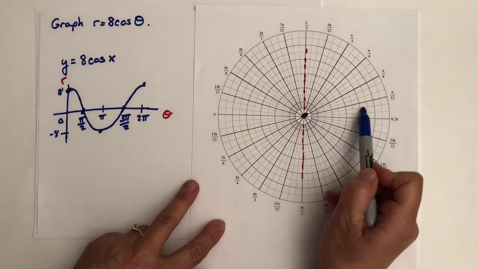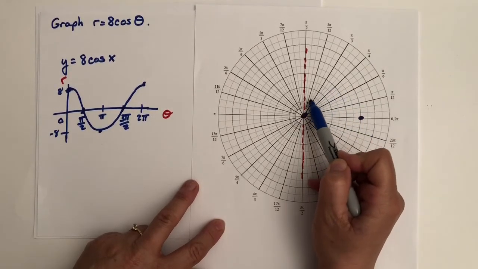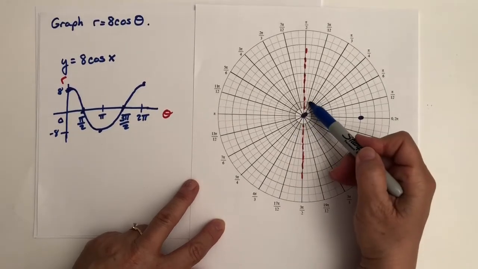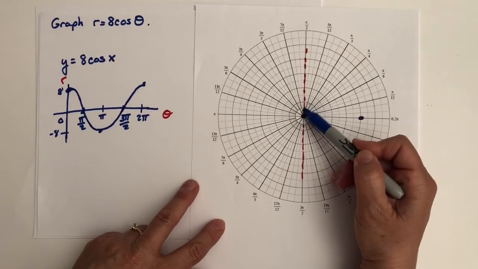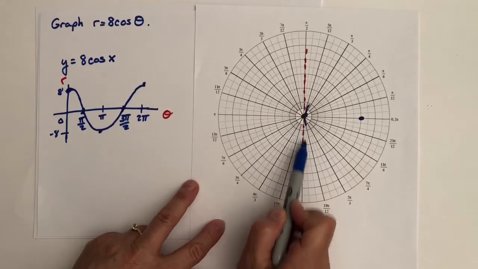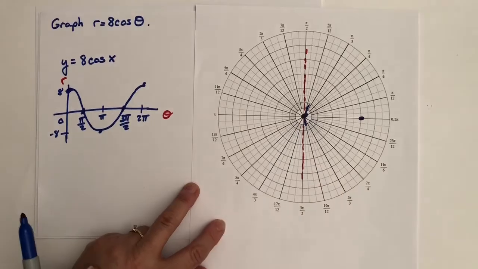And we know that it's coming this way. The r values are getting smaller and smaller. And right along here, the graph will approach the pole along this line, and it will cross through right along this line. That's why we drew that line, and that line is going to be tangent to our curve.